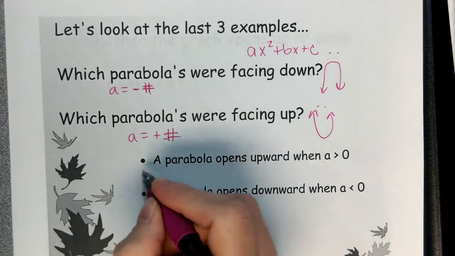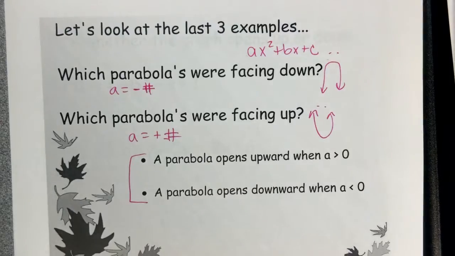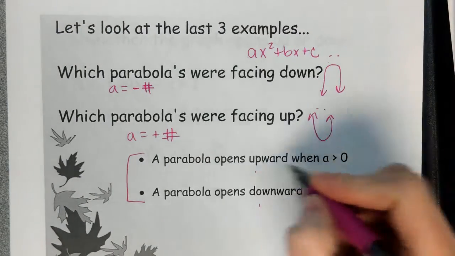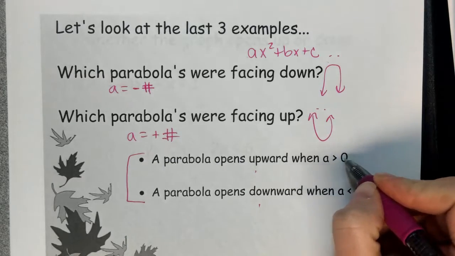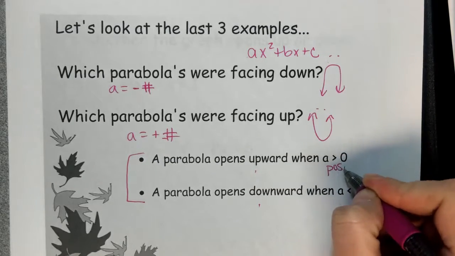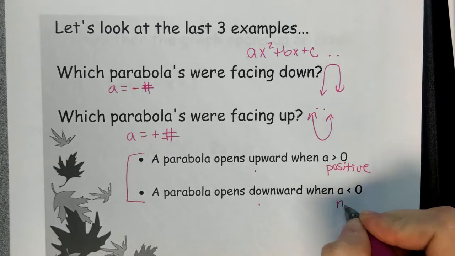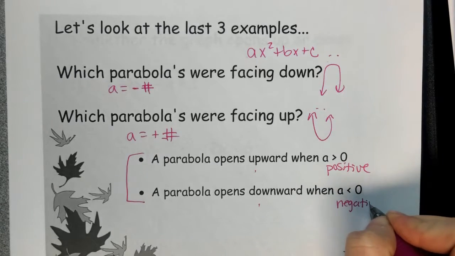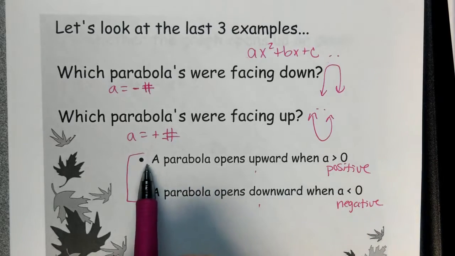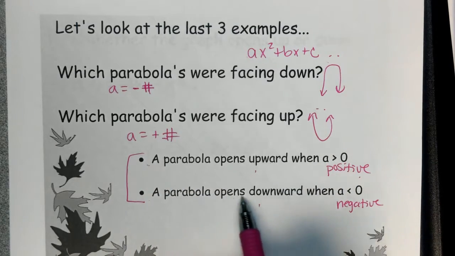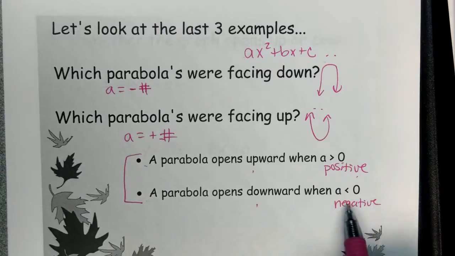So these are 2 quick bullet points about exactly when to know facing up or facing down. So in math, when we say a value is greater than 0, that's all the positive numbers. It's a quick shorthand way of saying positive, and this is a quick shorthand way of saying negative. So when the parabola is opening upward, that means a is positive. When the parabola is opening downward, that means a is negative. Okay?